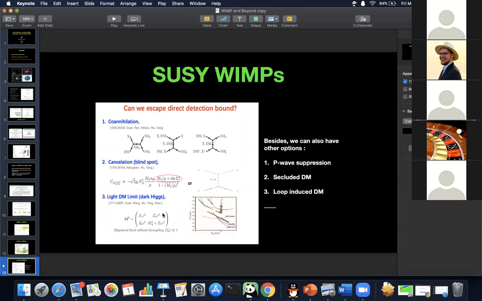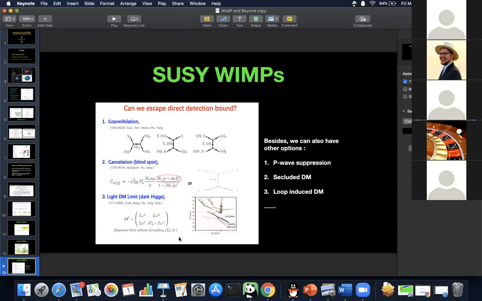That means the neutralino dark matter is very light and annihilates through some light Higgs, and then it can be below the threshold of the constant direct detection. So such a light dark matter can escape the direct detection limit.